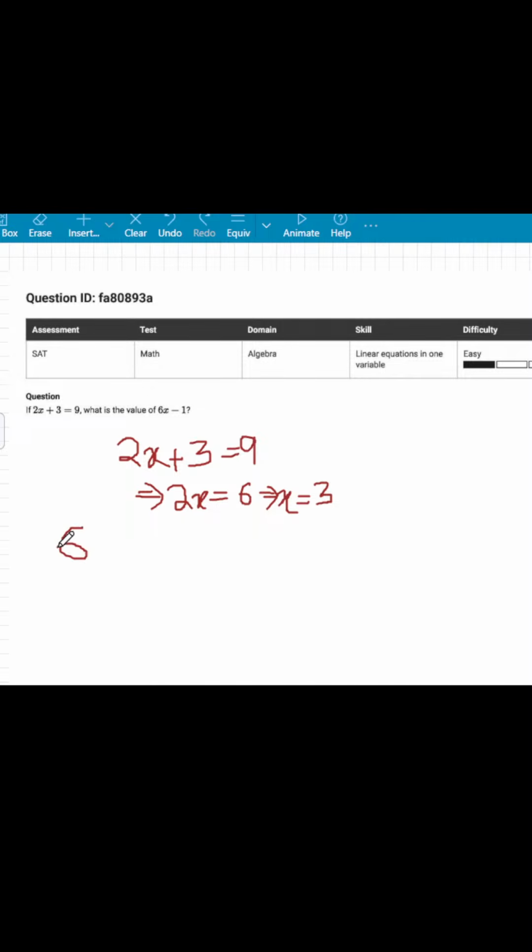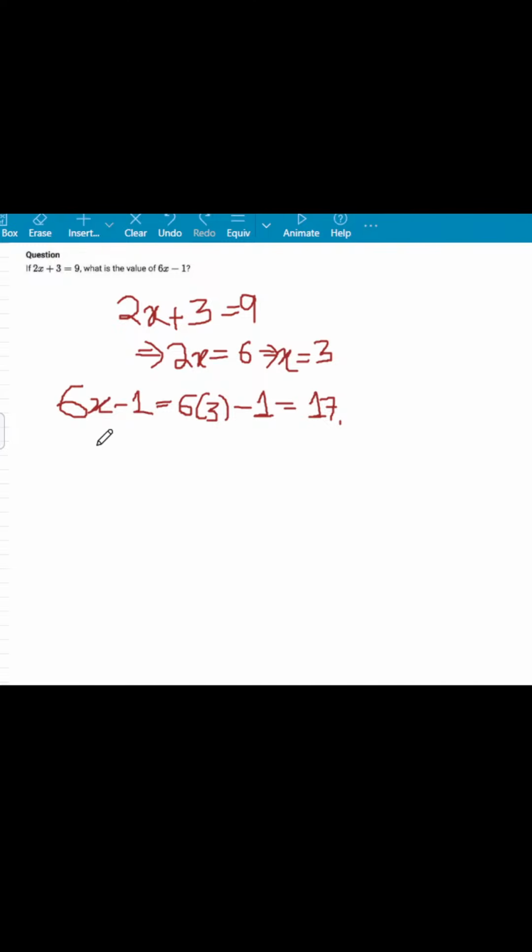Then 6x minus 1 is 6 times 3 minus 1, which will be 18 minus 1, which is 17. So the answer here is 17.